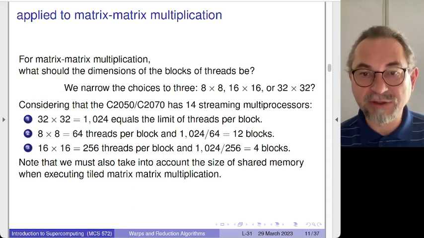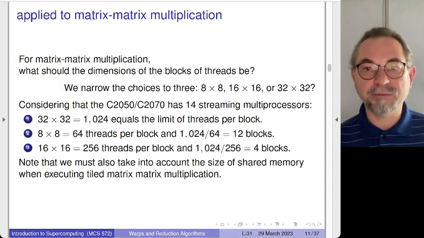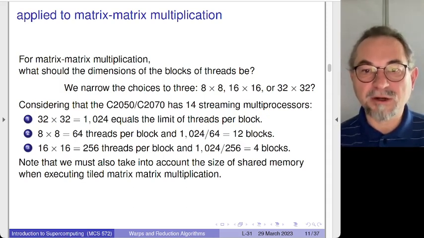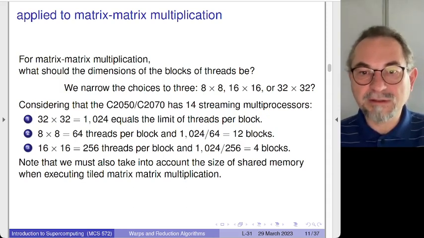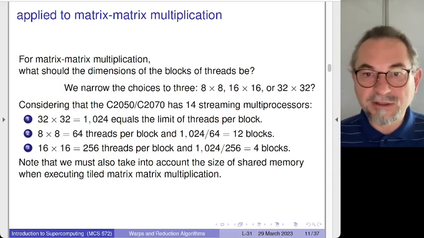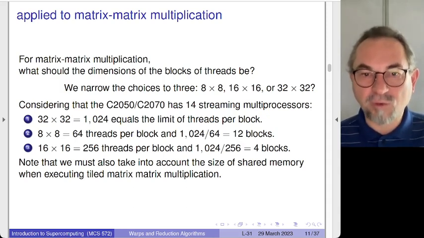So you can schedule your blocks in 8 by 8, 64, and then you have many blocks. If you have a small number of threads per block, then you have to have more blocks. Otherwise, you can deal with fewer blocks. It depends on how many streaming multiprocessors your GPU has.